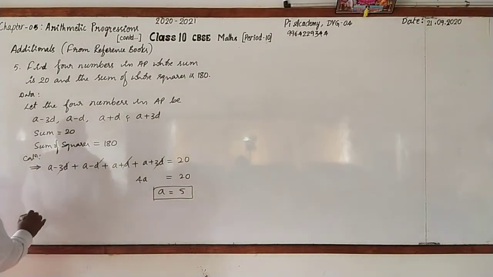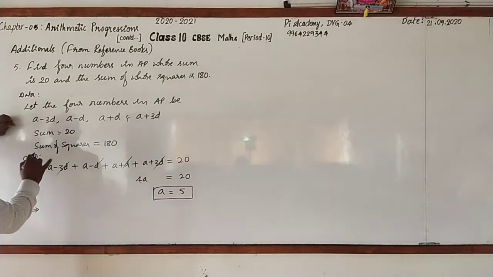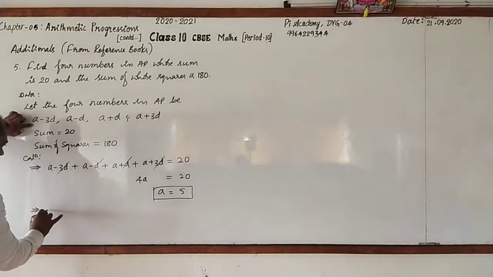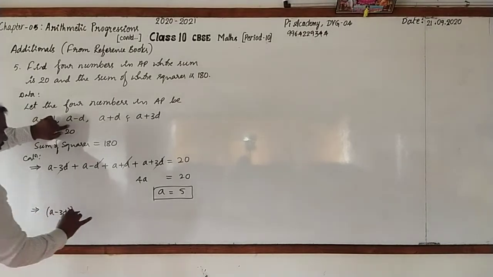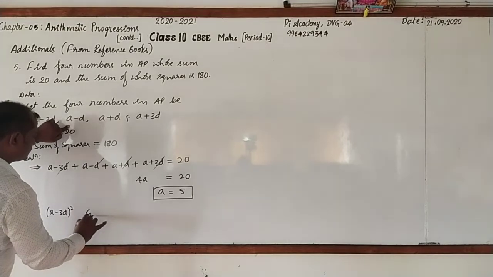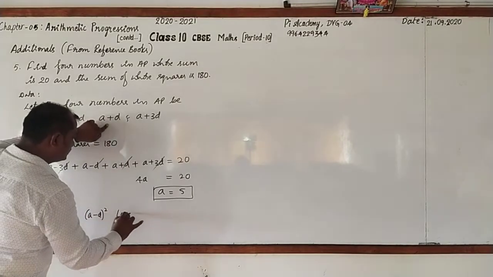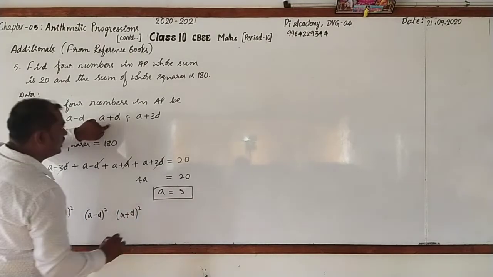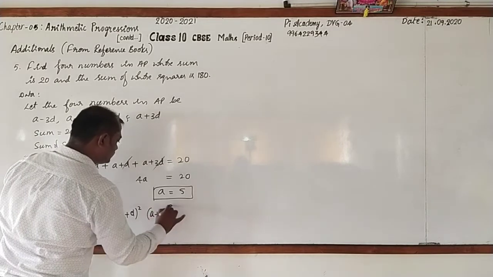Next, what has been given? The sum of whose squares? The sum of squares of these numbers is 180. Let me take the squares of all these: A minus 3D whole square, then A minus D whole square, A plus D whole square, and A plus 3D whole square.